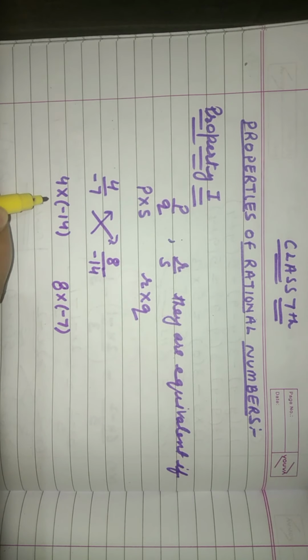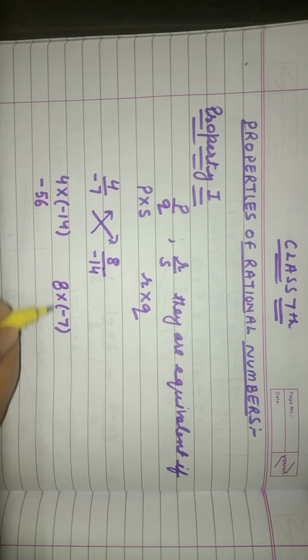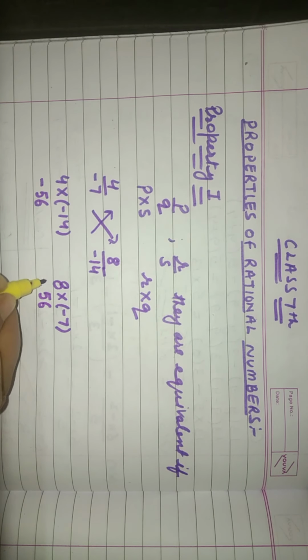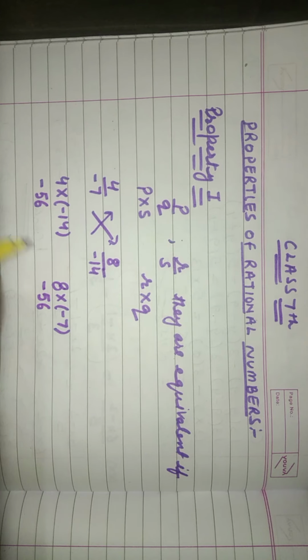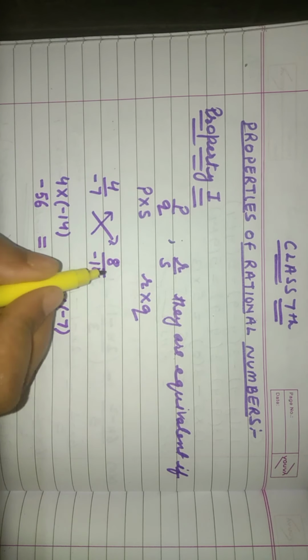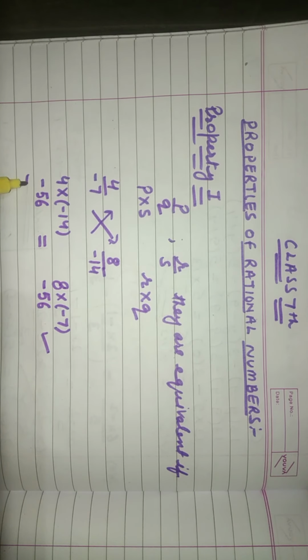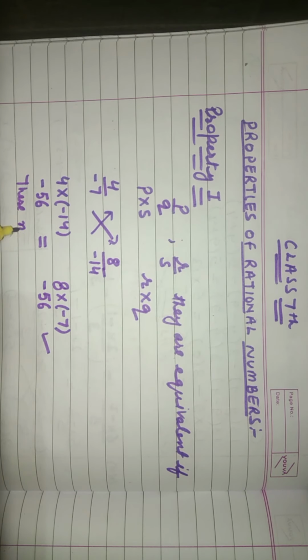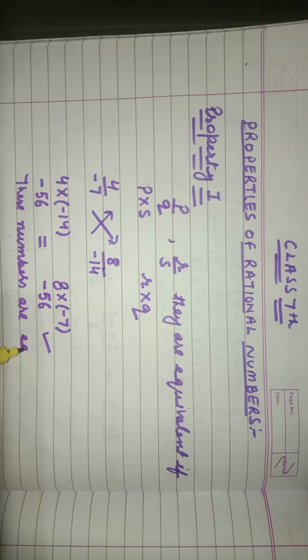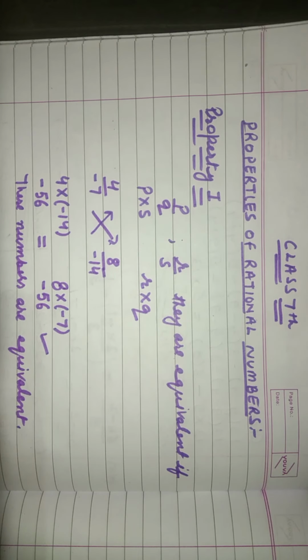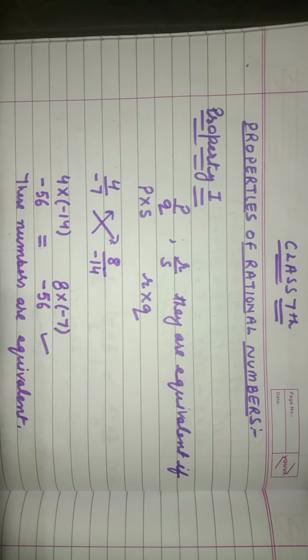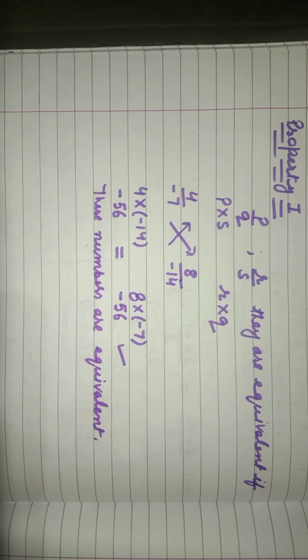Now 14 fours are 56, but along with a minus sign. 8 sevens are 56, but along with a minus sign. So is the cross multiplication of these two rational numbers equal? Yes. So these rational numbers are equivalent. Clear? This is property number 1.